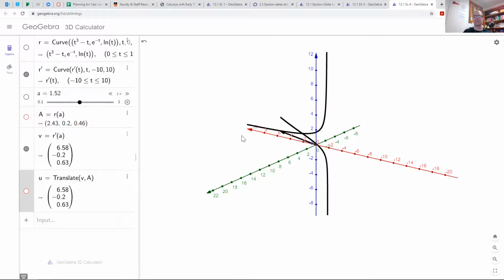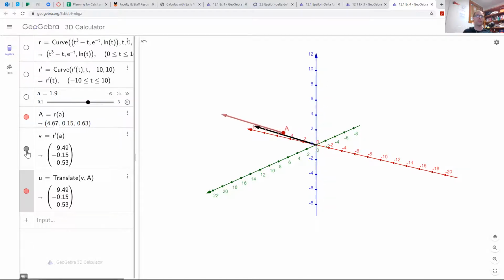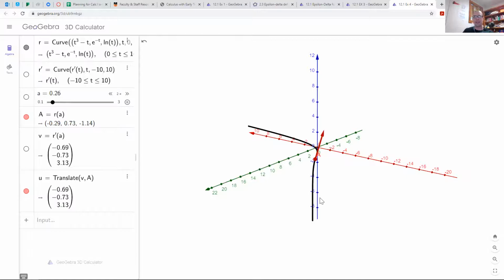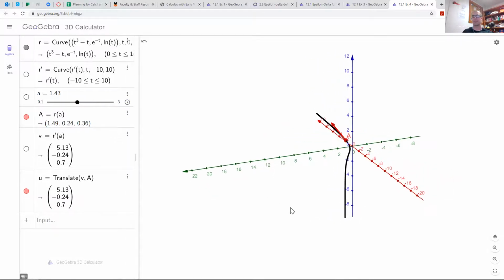So that this vector is the same thing as the red one. It's just that the red one was flying along the original curve. That's just how I tend to visualize things. Cool.